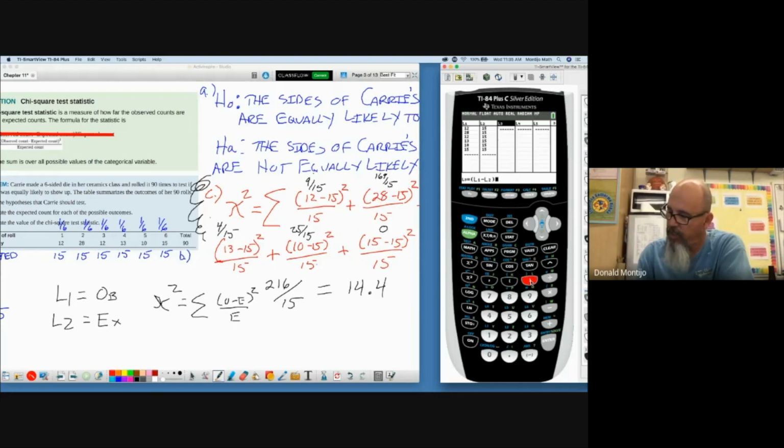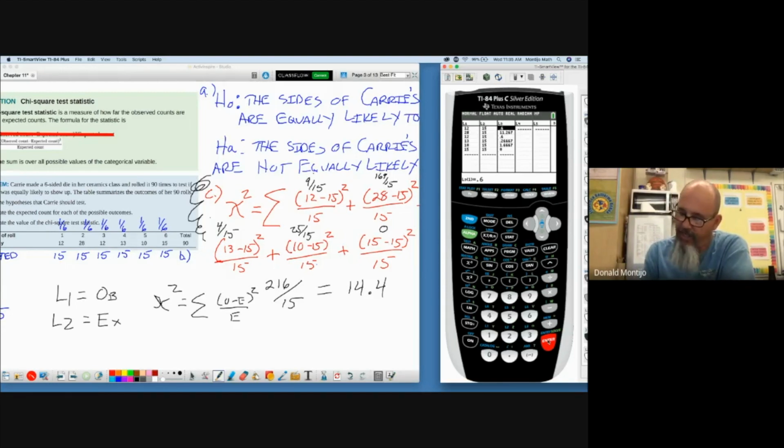I want to square that, and then divide that by the expected, which is list 2. Now that did all of the calculations for us. It put them in decimals instead of fractions, but that's fine.